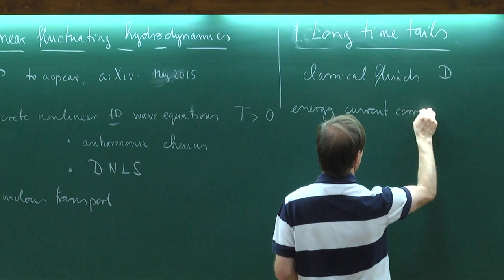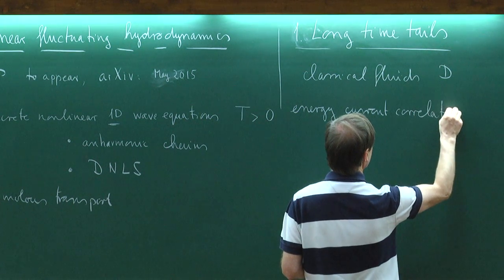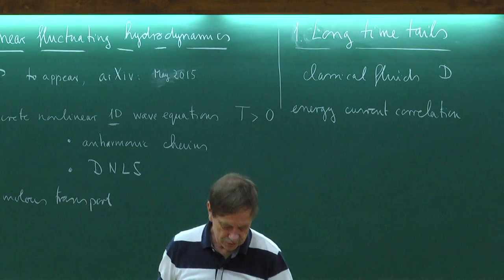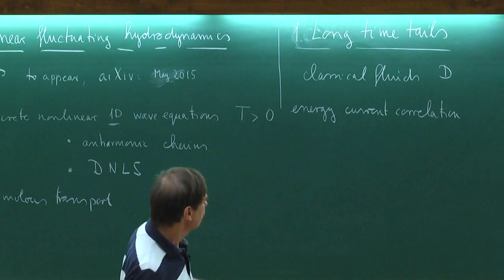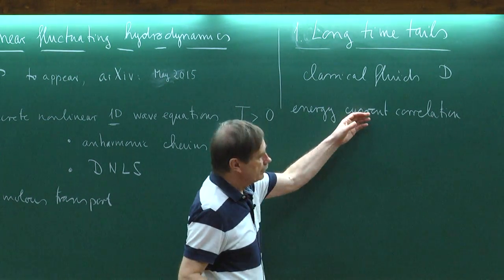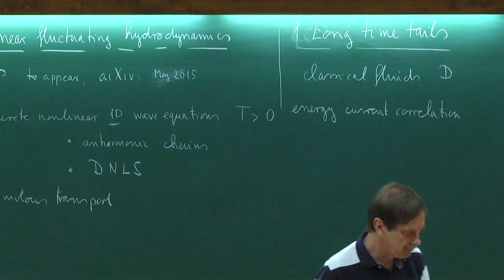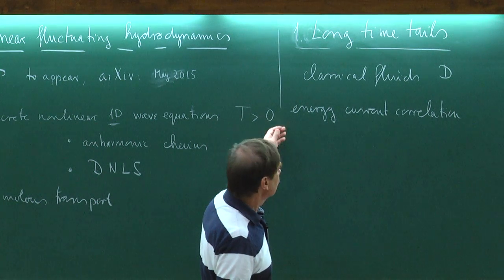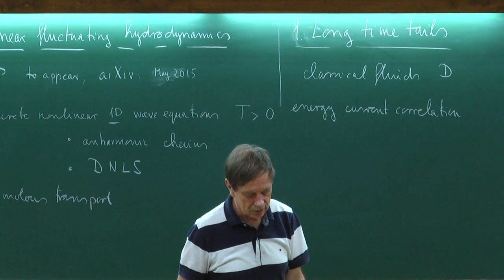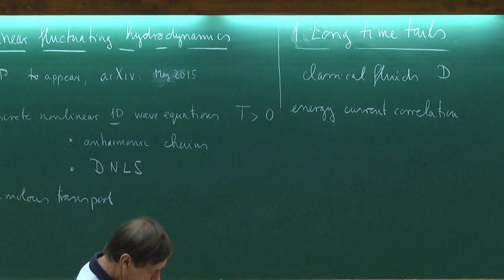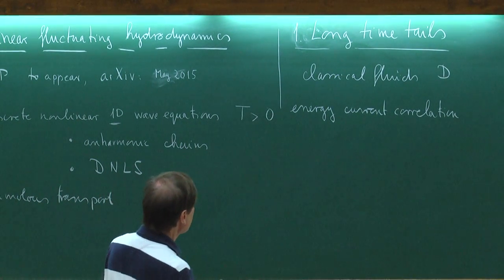Typically when one looks at the total current, the spatial part has been integrated over, and so this is just a function of time. It's a total current, energy current correlation. Okay, and one question is, how does it behave?